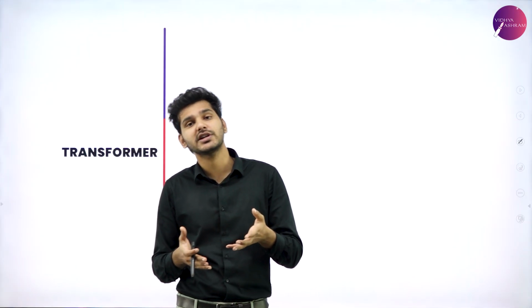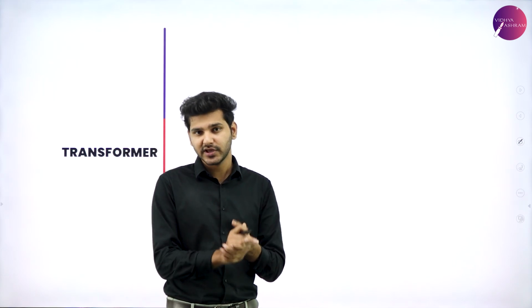In a nutshell, a transformer is designed to change the alternating voltage. If we input one voltage, the transformer will give us an output of a different value of voltage. That is what a transformer actually does.